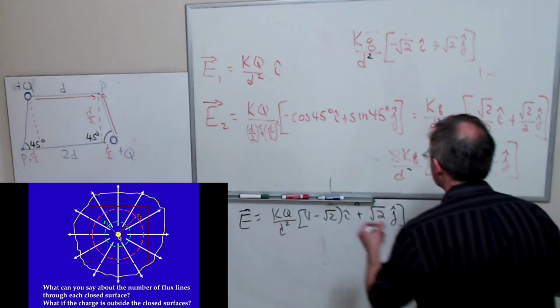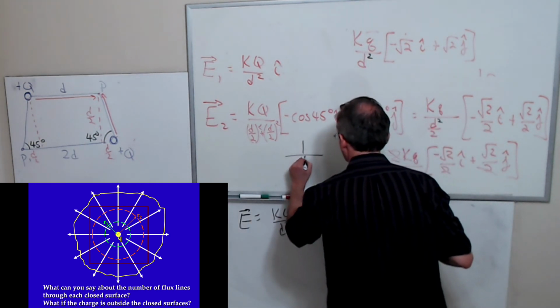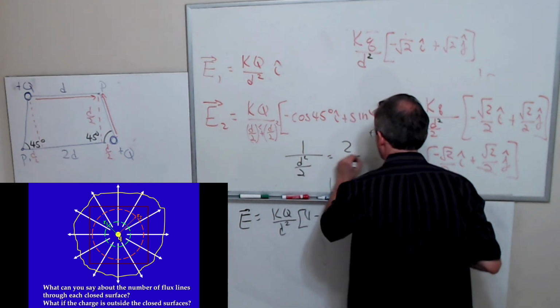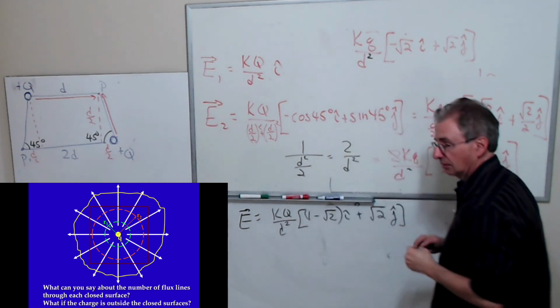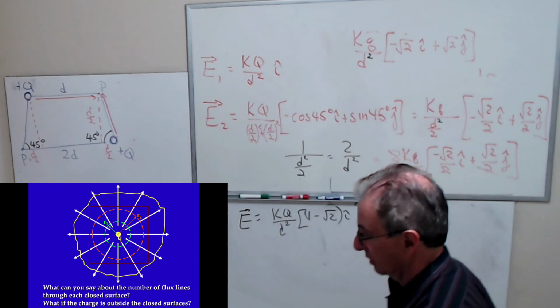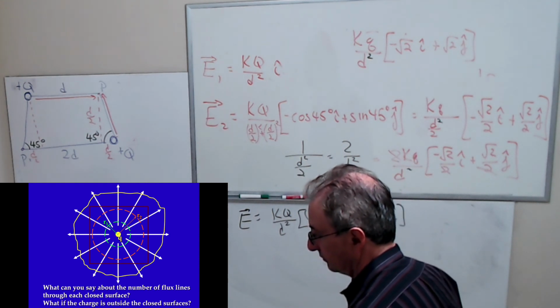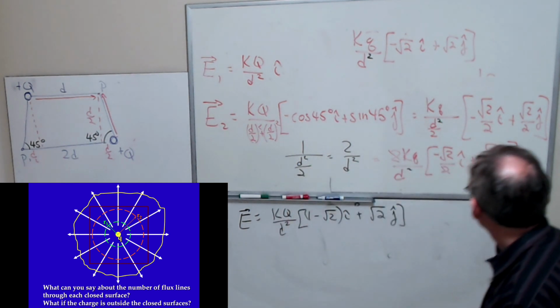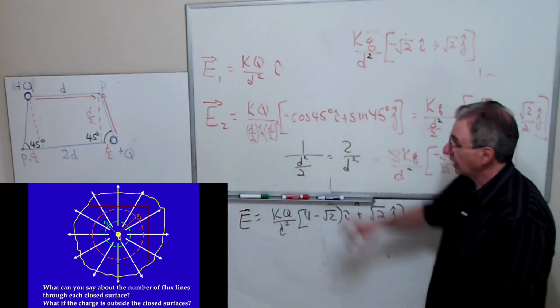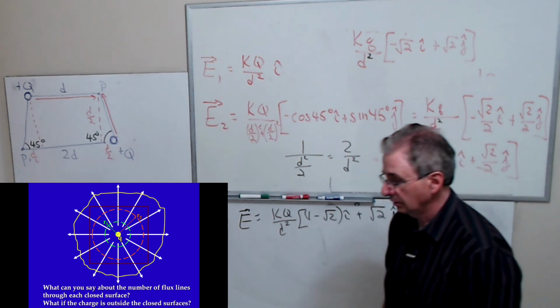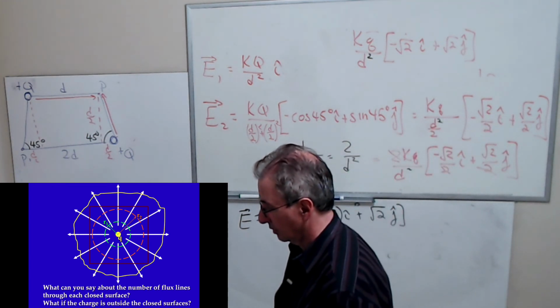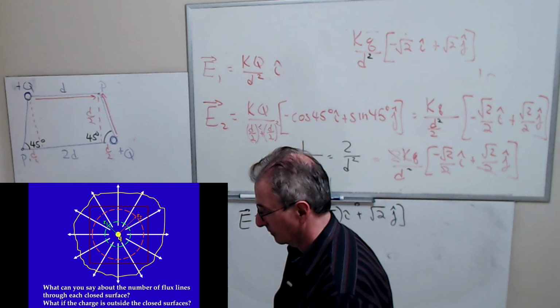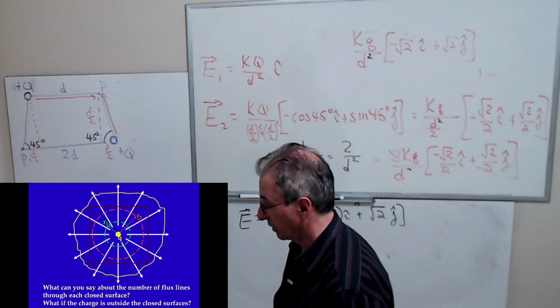Because it was like this, right? Well, what is the cosine of 45? What's cosine of 45? What's the sine of 45?